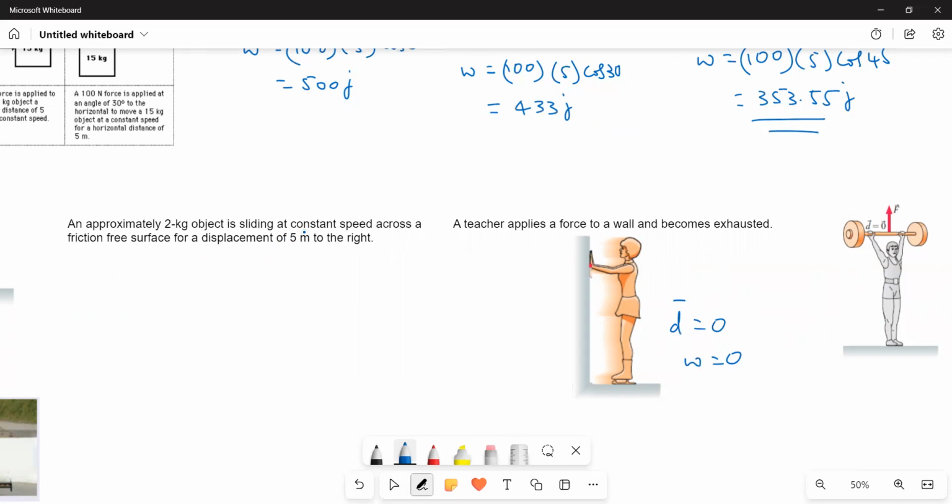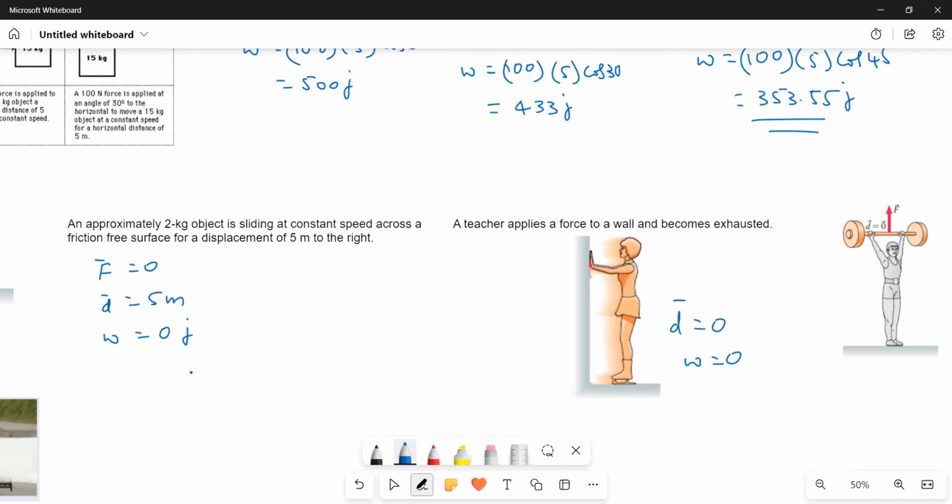And the applied force is zero because it's constant speed. According to Newton's law, unless an external force acts on an object, the object moves with a constant speed. That is why here the applied force F is equal to 0. Therefore, even though the displacement is 5 meters, the work done is equal to 0 joules.